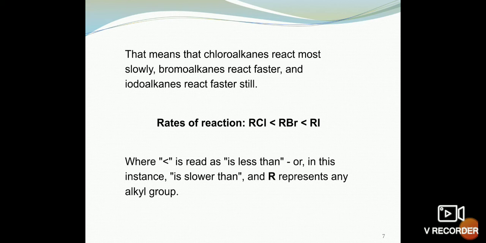So for the rates of reaction of the alkyl halides, the alkyl iodide is fastest, bromine slower and chlorine still slower. Where the sign is less than, in this instance it means slower than, and R represents any alkyl group. So here we have come to know the reactivity order of alkyl halides towards nucleophilic substitution.